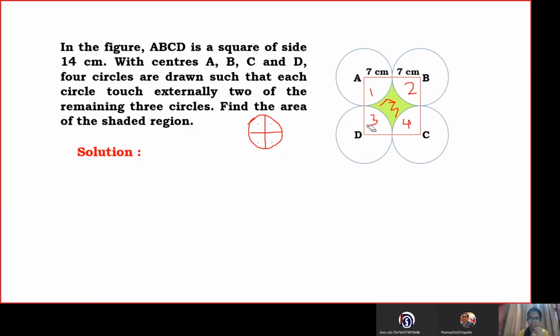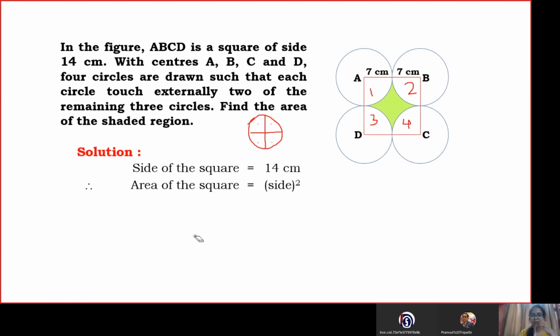Yes. So children, now if we move on with the answer, you can see that the area of the shaded portion will be calculated by area of the square minus area of the four quadrants. Four quadrants together will indeed make a circle. So find out the area of the square first, which is side square.